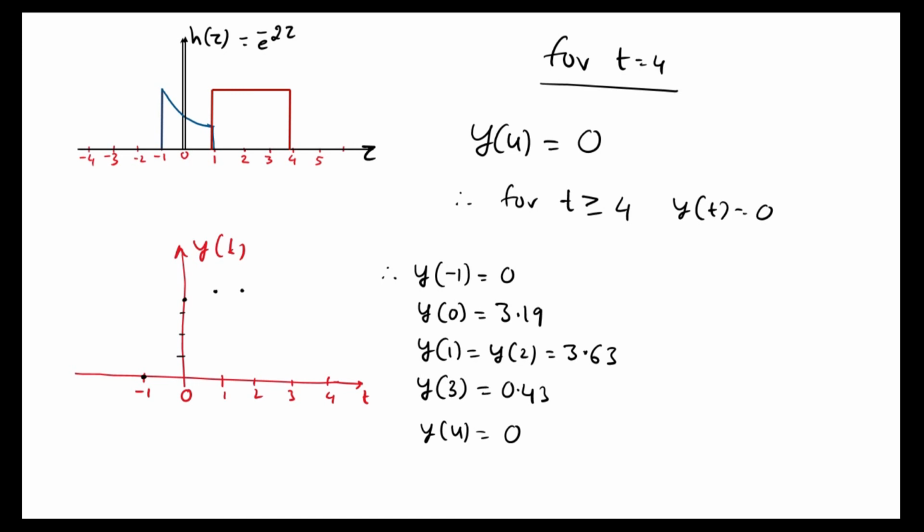We may get here. At t equal to 3, its value is 0.43. That is, we may get here. And at t equal to 4, its value is 0. Now we'll join all these points. So this is the output signal y of t.